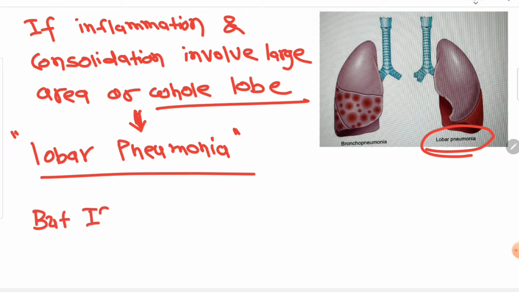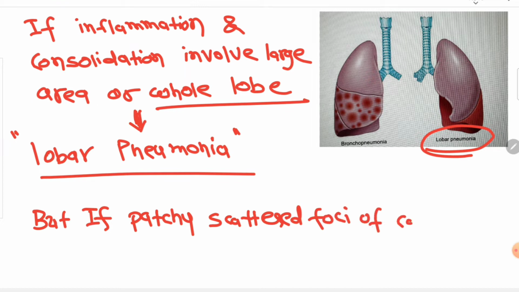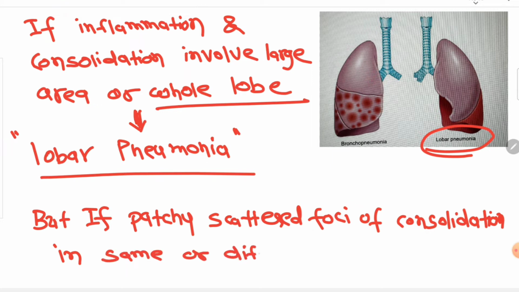But friends, suppose the inflammation or the consolidation is focal, if there are patchy scattered foci of consolidation in the same or different lobe, then it is known by the name bronchopneumonia.